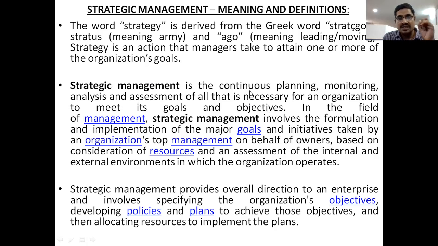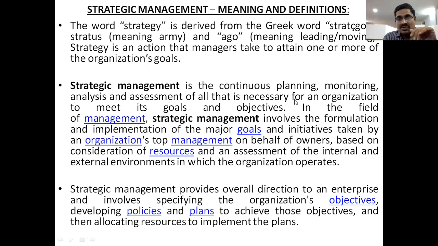Once again, I want to repeat it. Continuous planning and continuous monitoring of the business processes, analysis of each and every report, and assessment of personnel and performance checking for achieving the goals and objectives of the company.